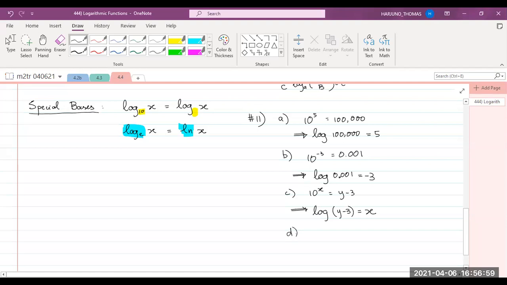Part D, how about e to the 7 equals p? What is the log form? Now, because the base is e, we use natural log. Natural log means log base e of the argument p equals 7.